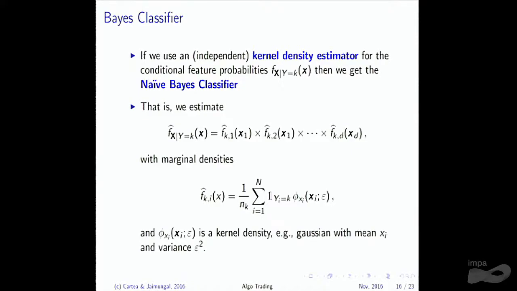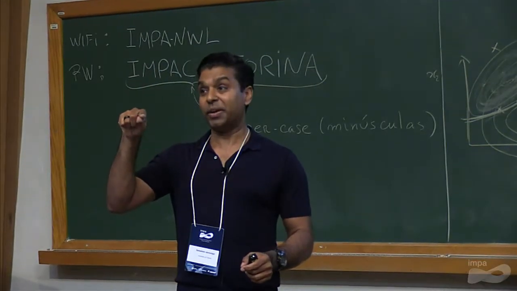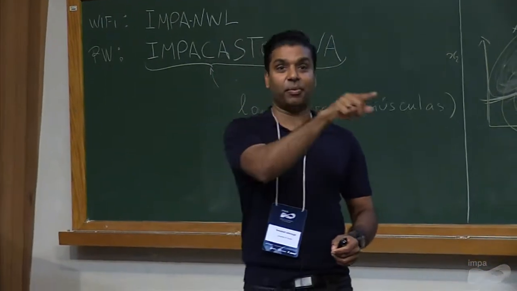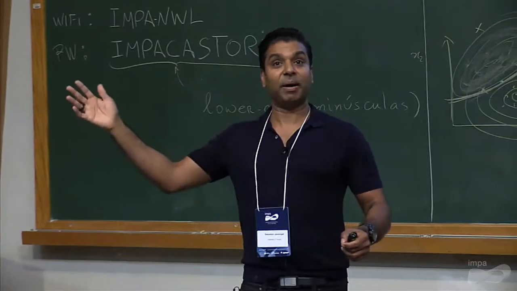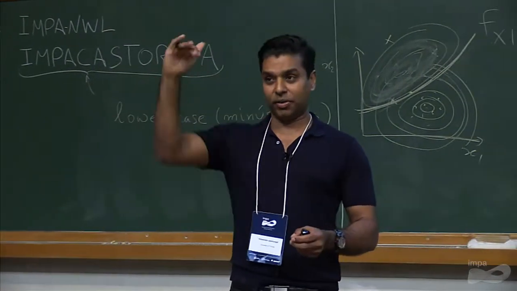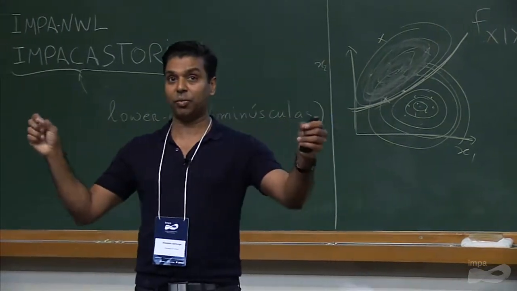So what is a kernel density estimator? It just says, if I have a bunch of observations of data, I put a small Gaussian, that's one way to do it, around the location of every single data point. And then you add them up. So this will give you distributions that have lots of valleys and hills in them, depending on where the data points are.